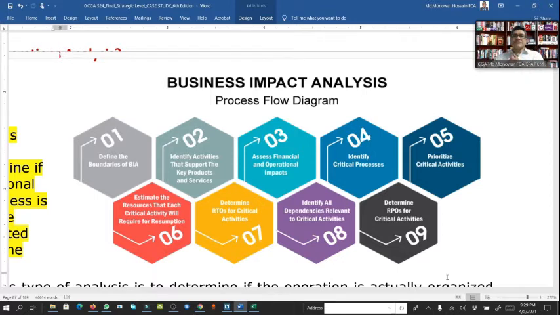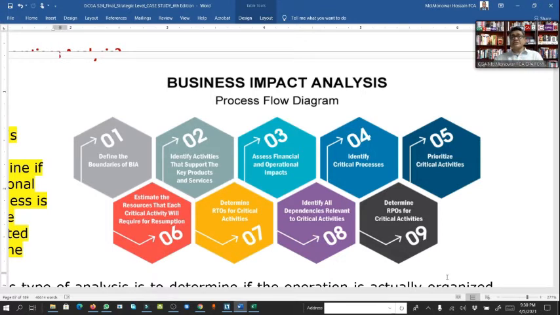Then identify activities that support the key product or service of the organization, sometimes a product, sometimes a service. Third, assess financial and operational impact and identify critical processes. Then prioritize the critical activities which have to be done fast, and estimate the resources each critical activity will require for resumption.